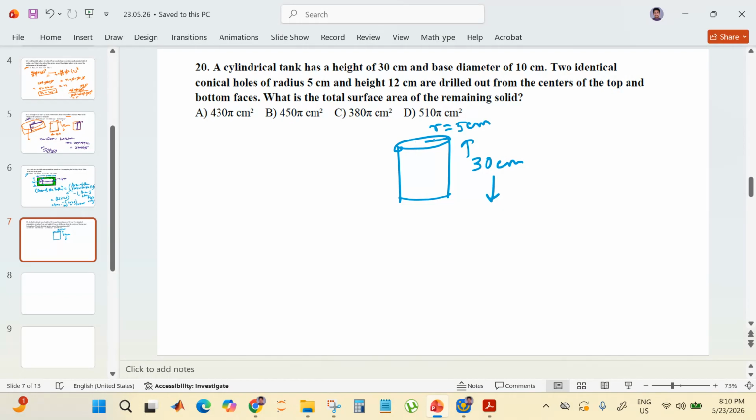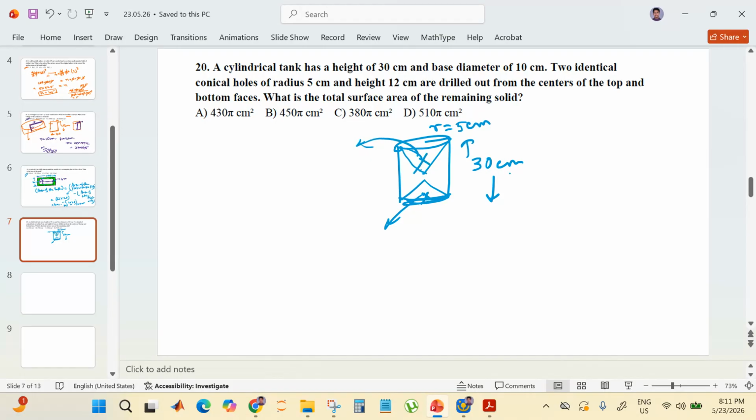That means the same radius, and height is 12 centimeter, and another 12. So these are cut out.